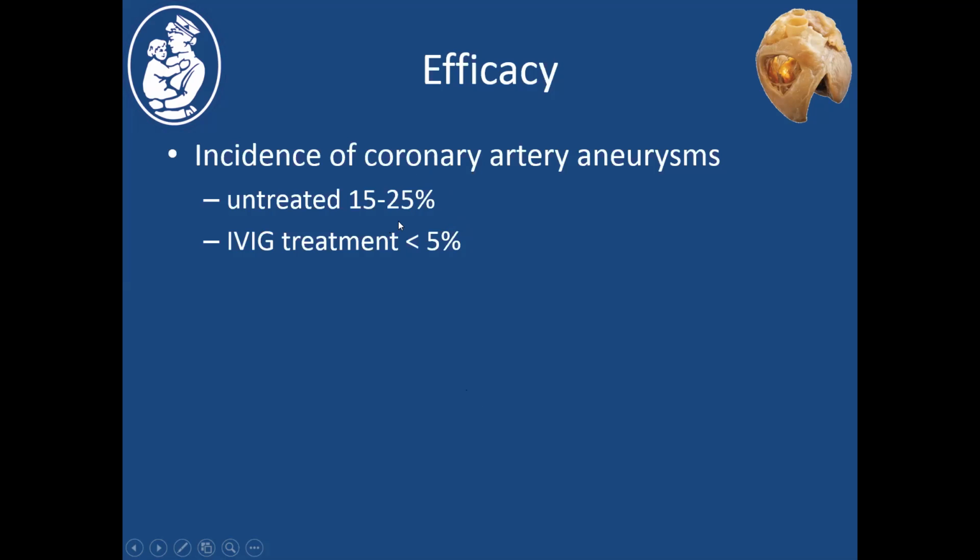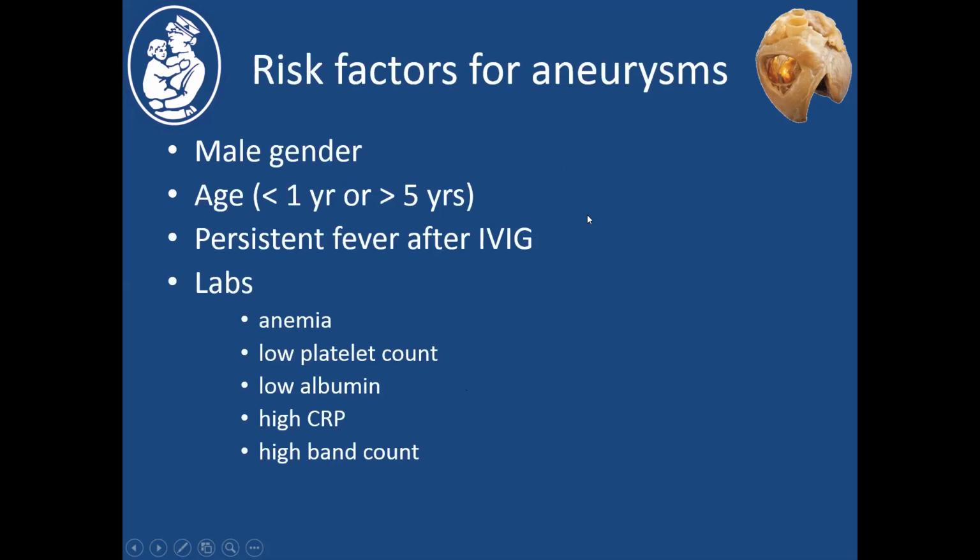The incidence of coronary aneurysms, as we said, untreated is somewhere in the 15 to 25% range, but with treatment with IVIG, it's under 5%, usually 3-4%. Some of the risk factors include being a boy. Boys tend to have more aneurysms than girls.